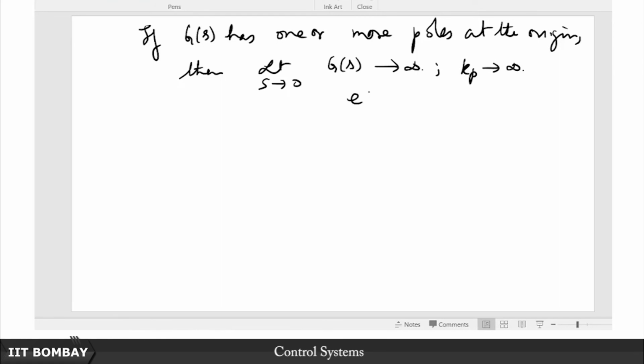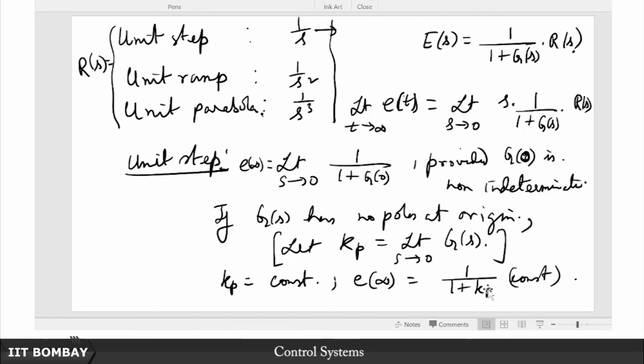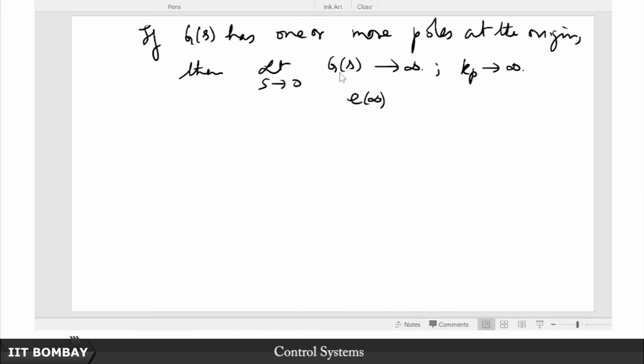Therefore, with an abuse of notation, E of infinity goes to 0.